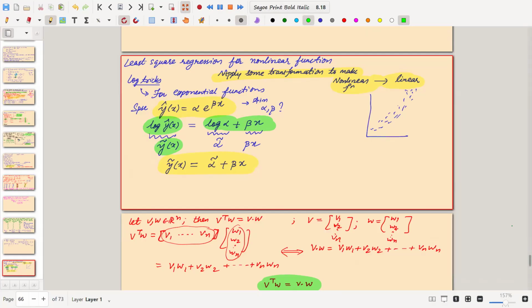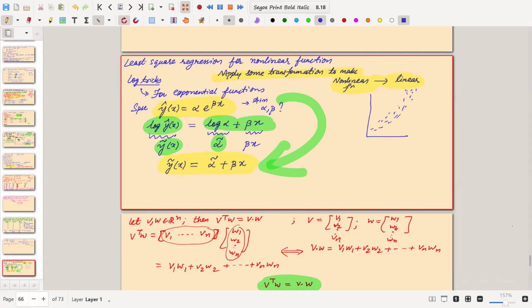And beta x is beta x, log alpha is still a constant only, so I'm calling it alpha tilde. So you can write this as y tilde of x is alpha tilde plus beta x, right? So now you can solve for this. You are converting that exponential fitting into a least square problem. That's the whole catch.